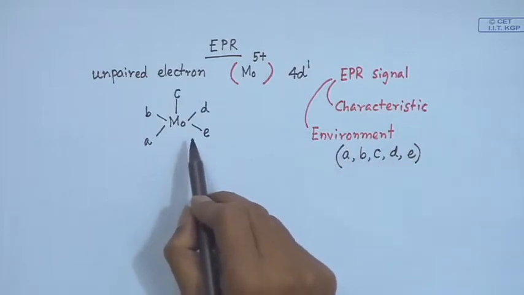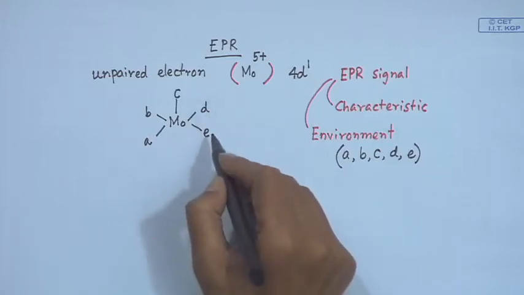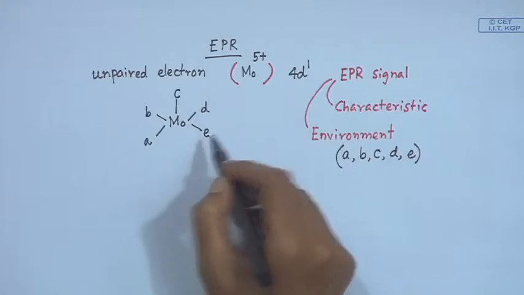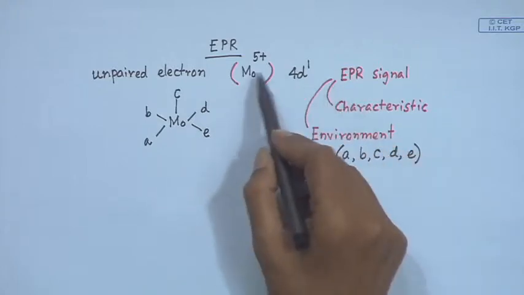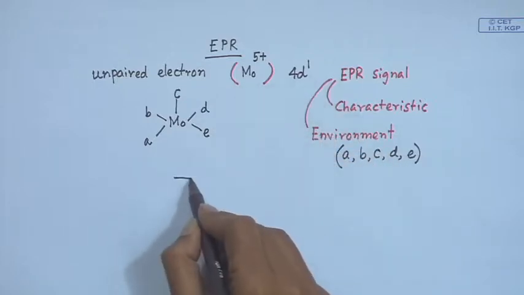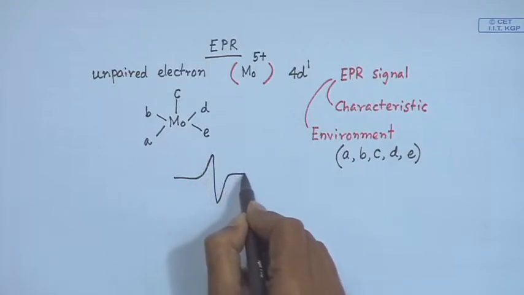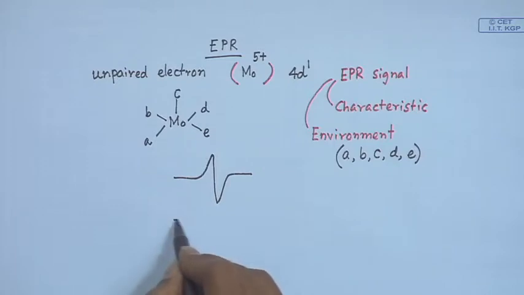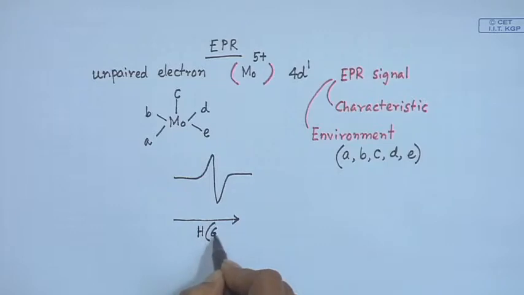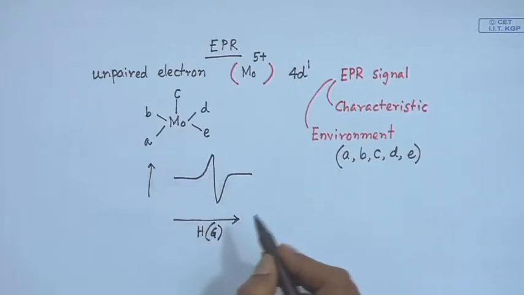Sometimes these donor groups are very specific and have some nuclear spin also. This nuclear spin can interact with the electronic spin of the molybdenum and we get some splitting. The signal we get for this standard EPR technique is one set. So, this is the magnetic field H in Gauss and this is the corresponding absorbance.